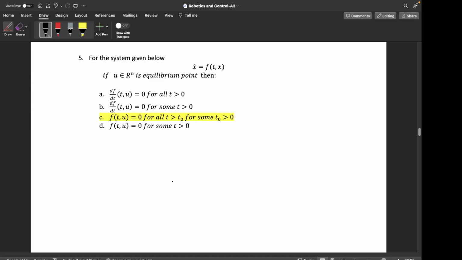Not much to explain here, and it should be 0 for all time t greater than t0. Once you reach that equilibrium state, you will stay there, because x dot will become 0 and there will be no change in the state of the system unless it is perturbed. So you can answer this from theory.